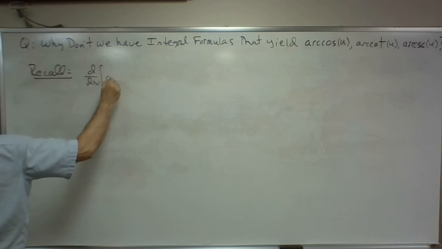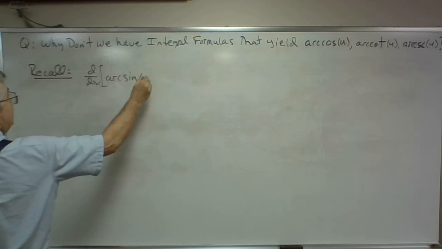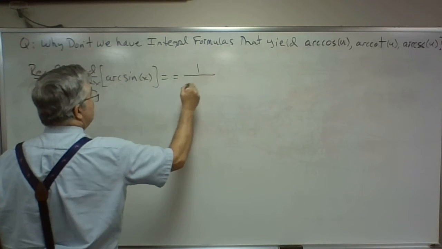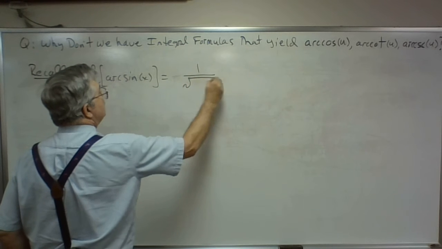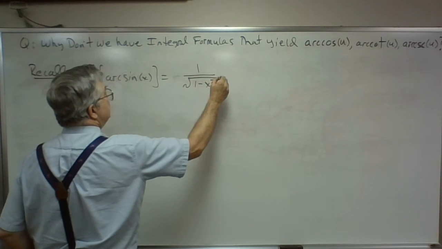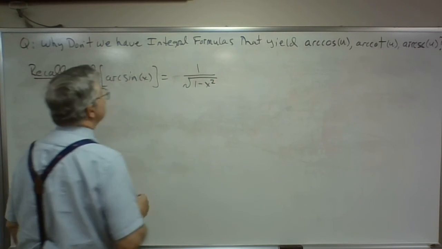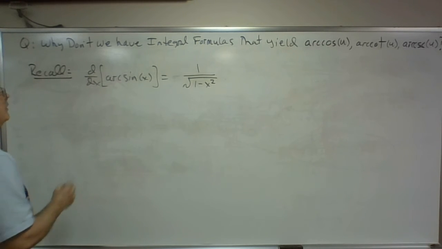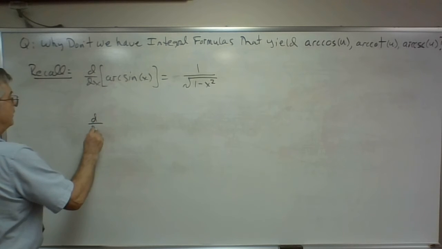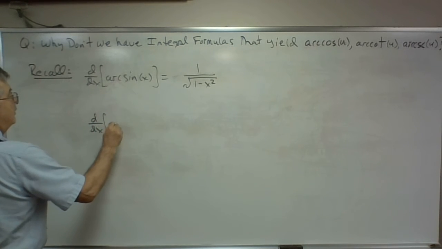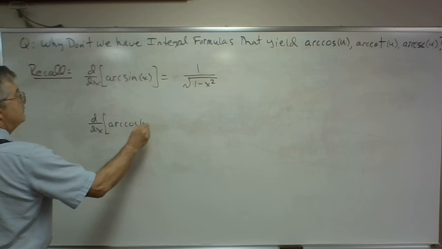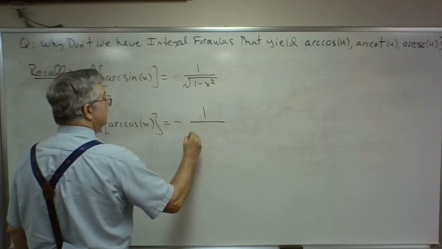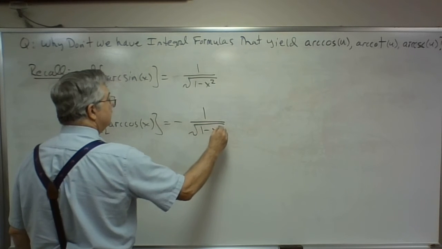The derivative of arc sine of x is equal to 1 over square root of 1 minus x squared, and the derivative of arc cosine of x is negative 1 over square root of 1 minus x squared.